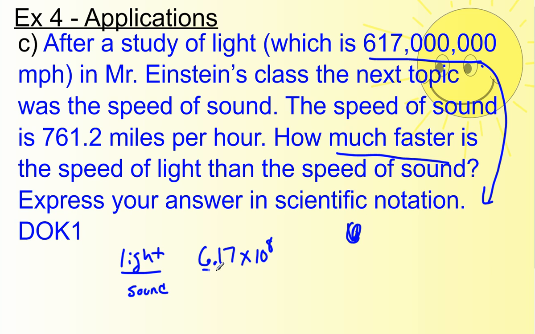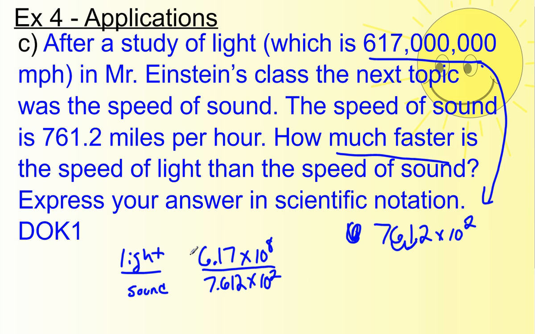And the speed of sound is, let's see, 761.2 times 10 to the something. So I need to move the decimal 2 places. And since this is a big number, it's a positive exponent. 7.612 times 10 to the second.